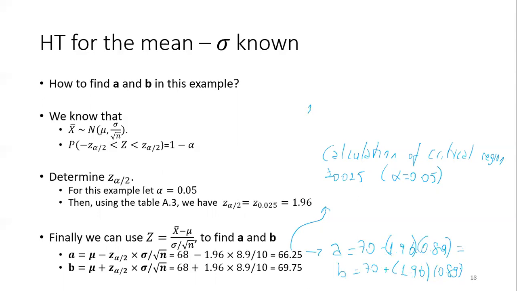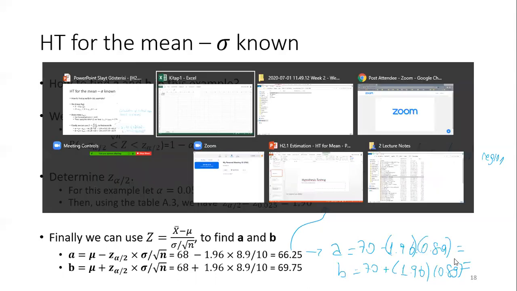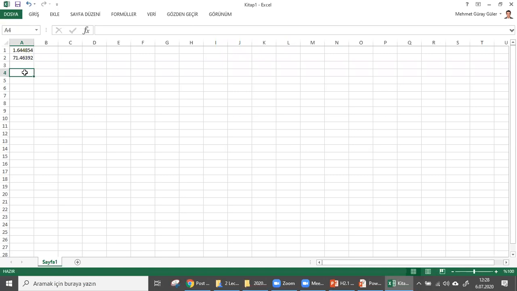Let me just calculate it in Excel again. So I have 70 plus 1.96 times 0.89. So this is 71.74, and let me just take the other side.